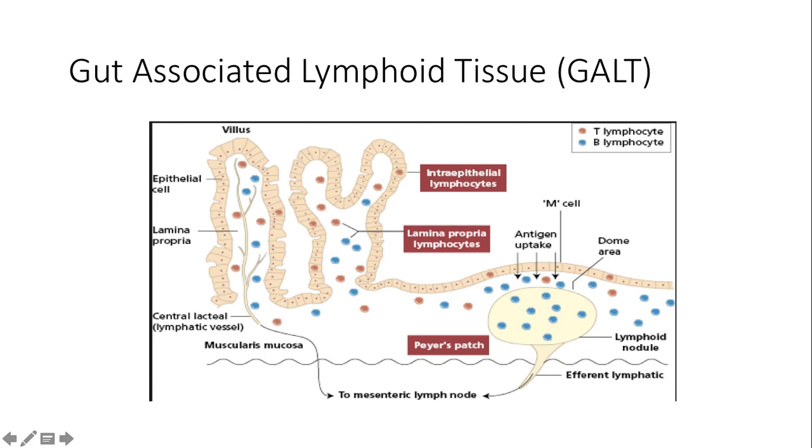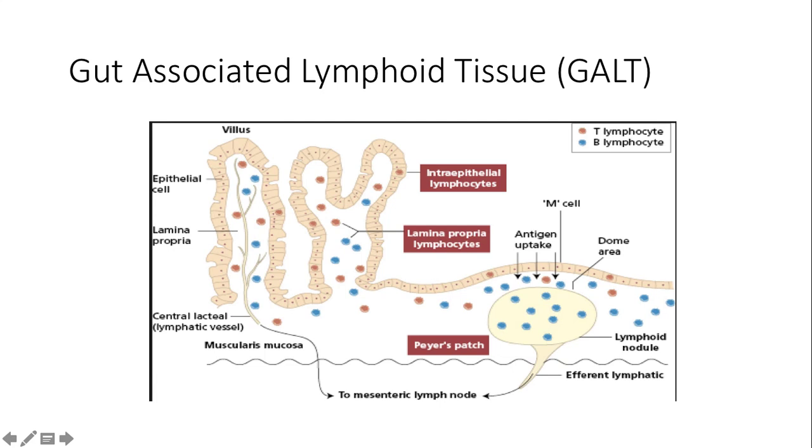If we take a closer look at the Peyer's patches, they are important sites for initiation of immune responses in the gut. They are visible to the naked eye, with a distinctive appearance, forming a dome-like aggregate of lymphoid cells that project into the intestinal lumen.